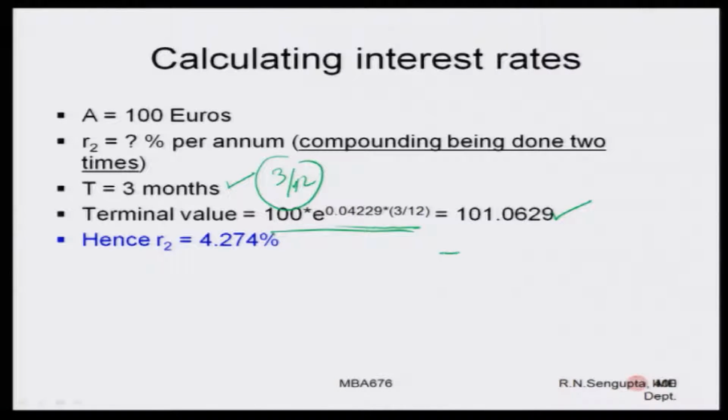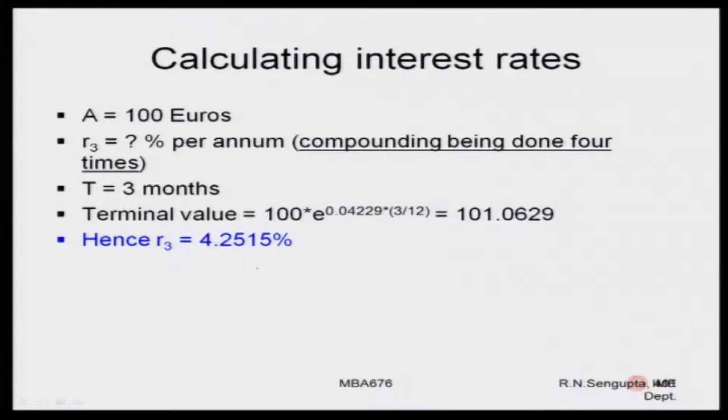So, you equate it to 100 times 1 plus R2, raised to the power of the number of compoundings, twice, times the total duration 3 by 12. Finding R2, it comes out to be 4.274% per annum, semi-annually compounded.